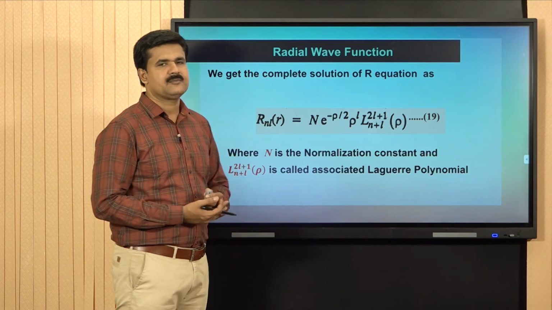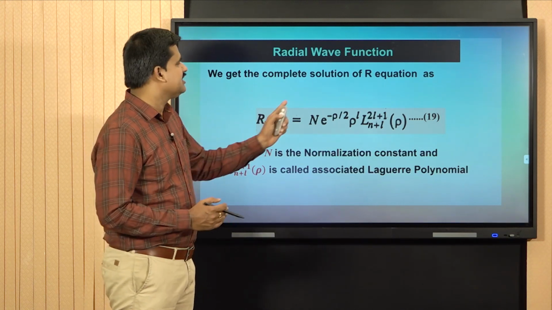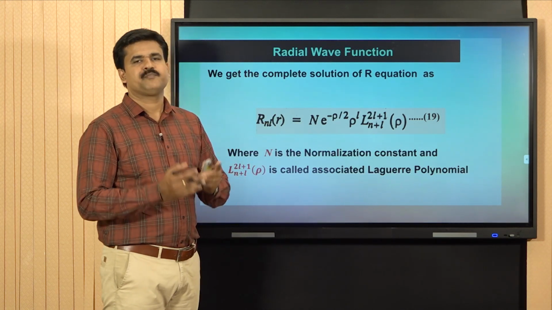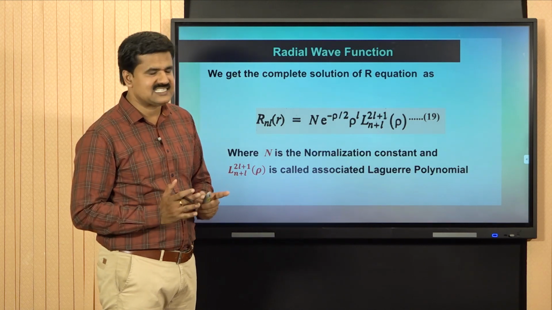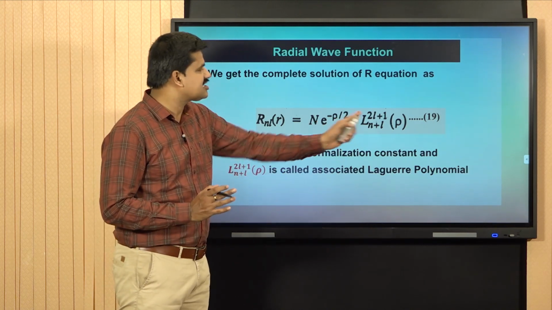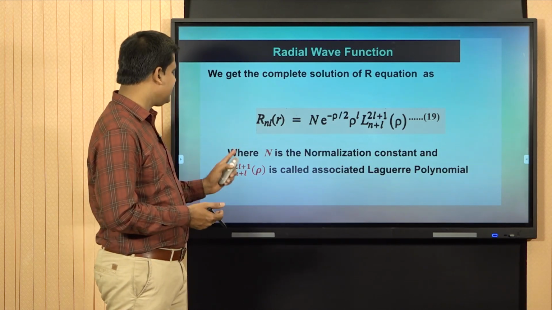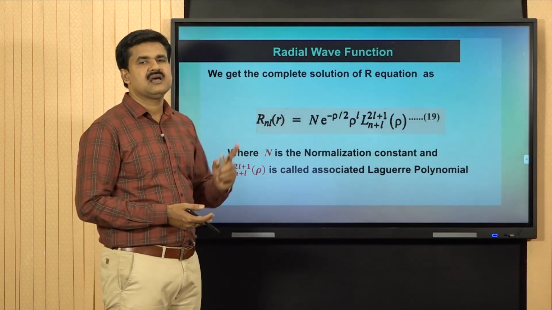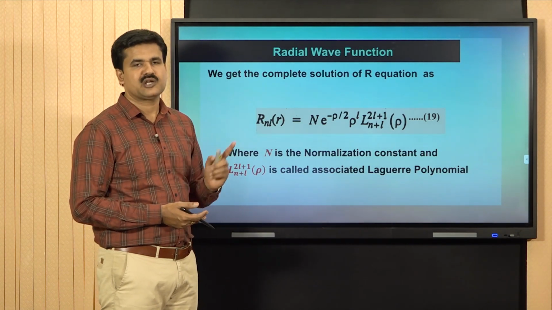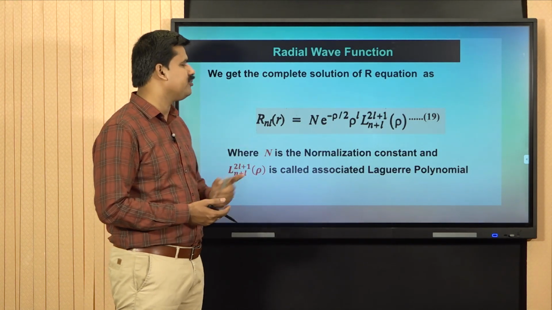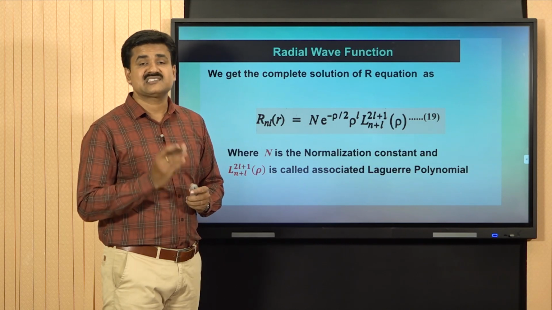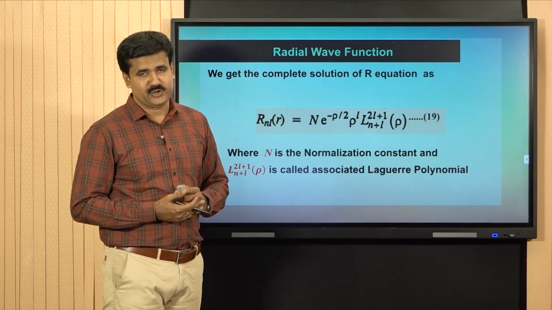From this solution, it is clear that this N represents the normalization constant, and the last parameter, that polynomial L n plus L raised to 2L plus 1 rho, is known as the associated Laguerre polynomial.